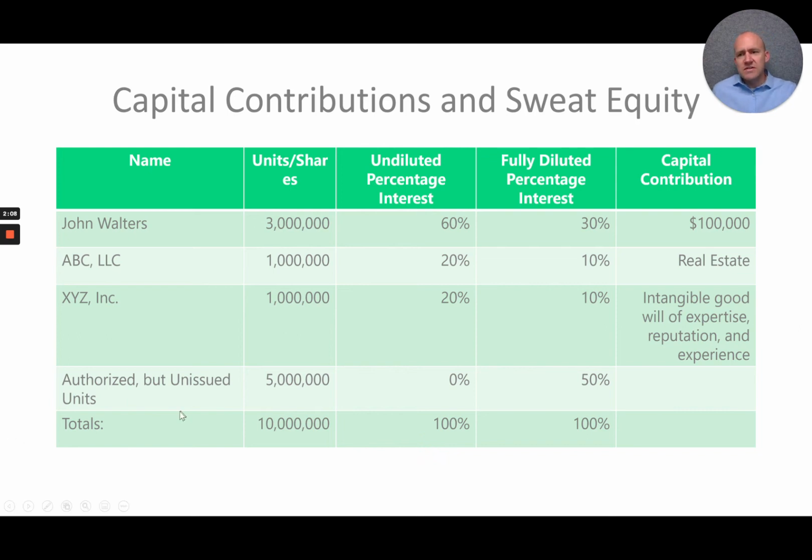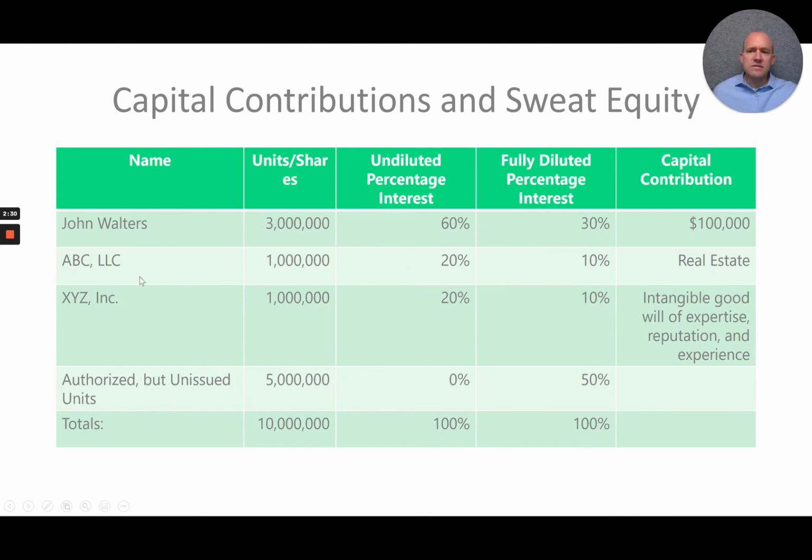So in this scenario, we've got John Walters here. John's the cash investor, and so he's bringing $100,000 into this deal, and that's what he's going to contribute. So on the cap table, he's putting in $100,000 and is getting these percentages in the company.